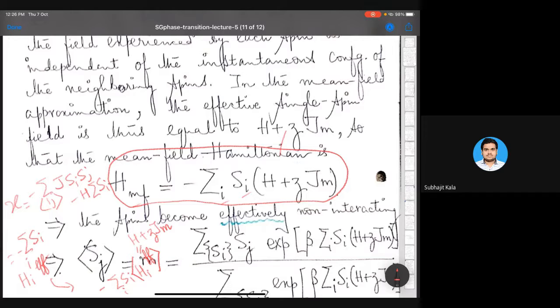It has simply disappeared in doing this approximation. It seems like I have spins which are independent, and each spin is feeling the same field h plus J z m, right? That's why you have a summation over i s_i, but there is no s_j term anywhere. So the spins appear to be effectively non-interacting. Why effectively non-interacting? Actually, they are interacting.